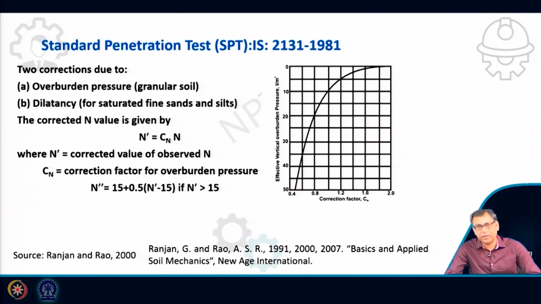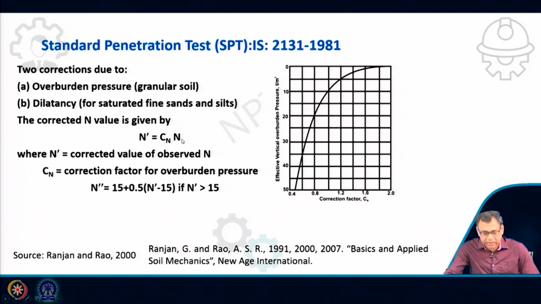We have to reduce that N value because if we go further below, in the deeper soil layer, the overburden pressure will be huge. That means we will get a higher N value, which we have to reduce.